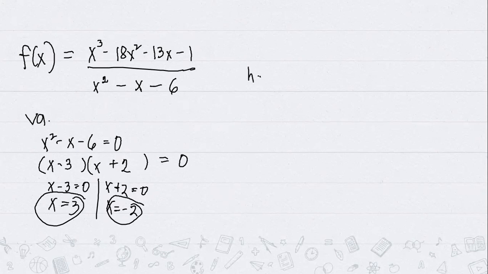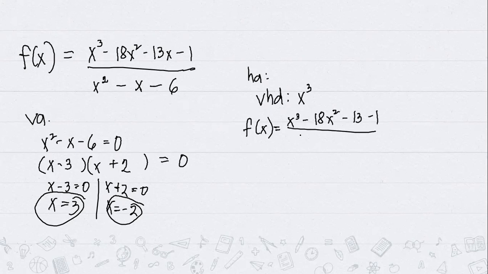How about the horizontal asymptote? The variable with the highest degree is what? x cubed, x to the third. So let's take the function f of x equals x cubed minus 18x squared minus 13x minus 1 all over x squared minus x minus 6.